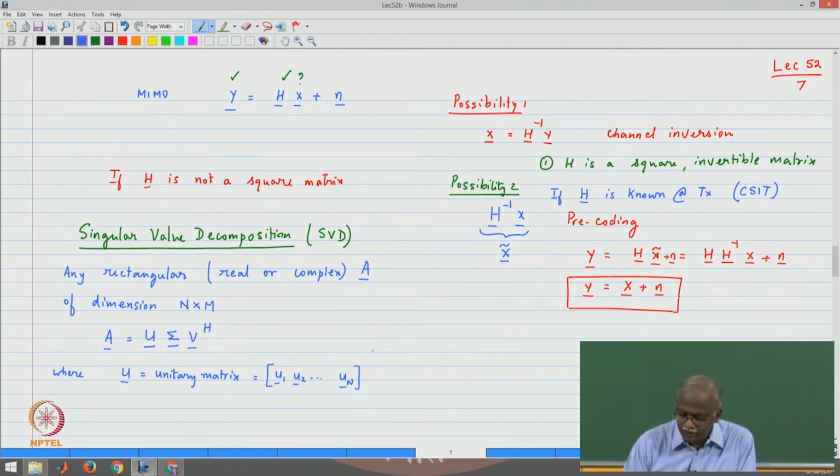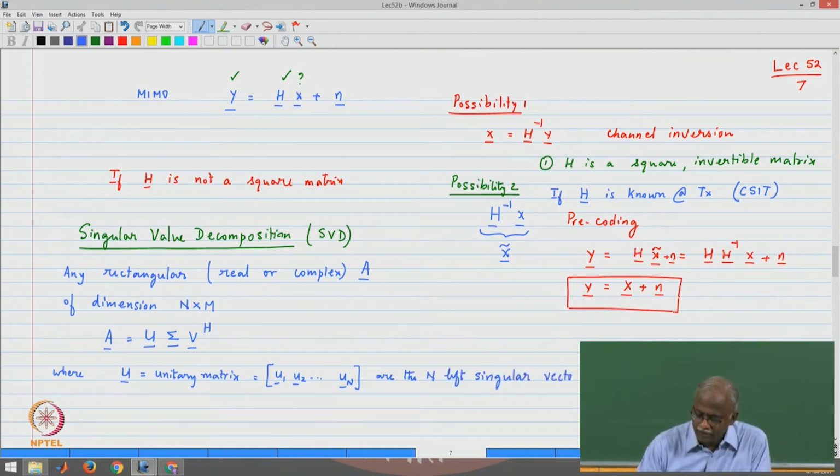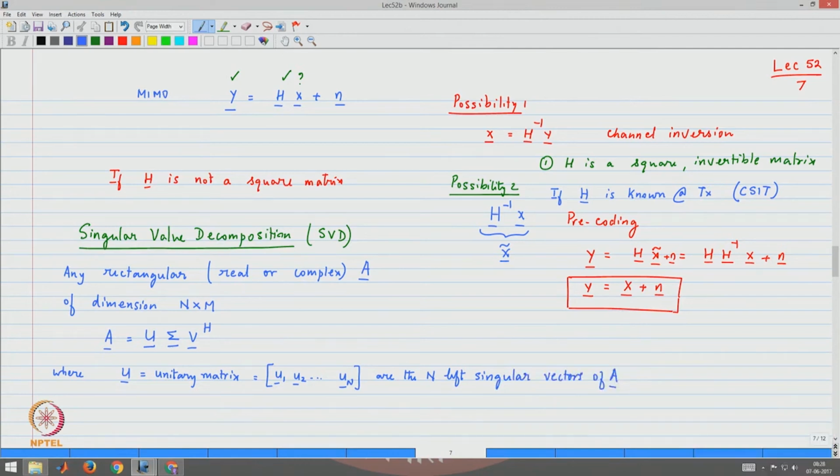These are what are called the n left singular vectors of the matrix A.